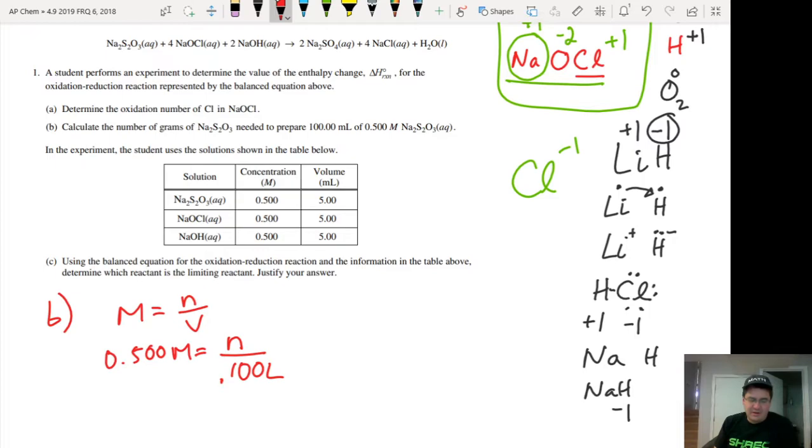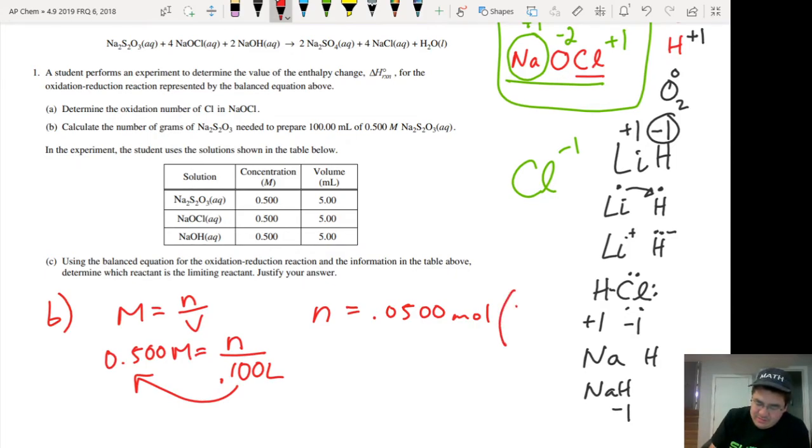So all you're going to do, first of all, is solve for n. So I multiply this up, and I end up getting 0.0500 moles. And then it says calculate the number of grams. So you're going to multiply by the molar weight. Molecular weight, and I wrote this out, so it ends up being 158.1.